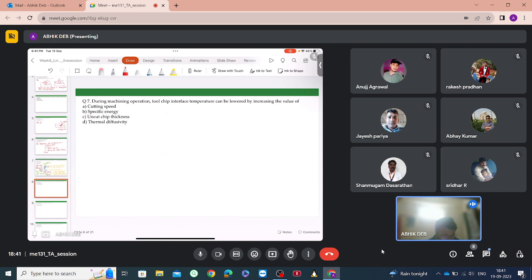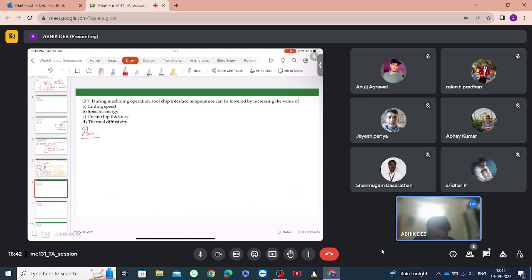During machining operation, tool chip interface temperature can be lowered by increasing the value of each of these. Can anybody give me an answer to this? Anybody?